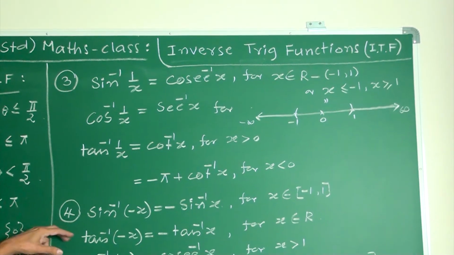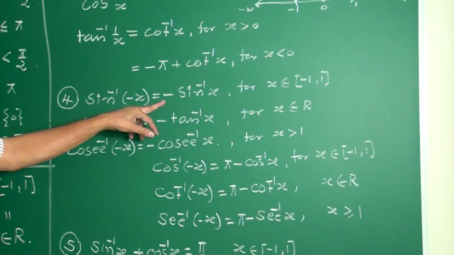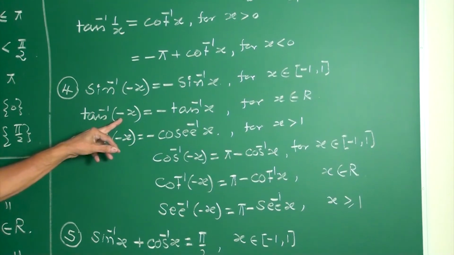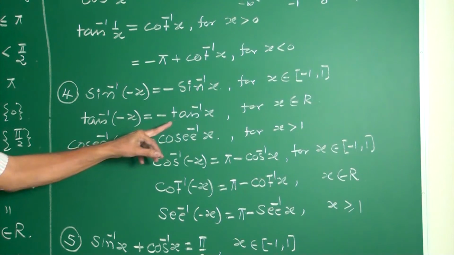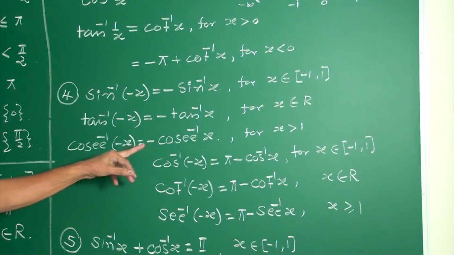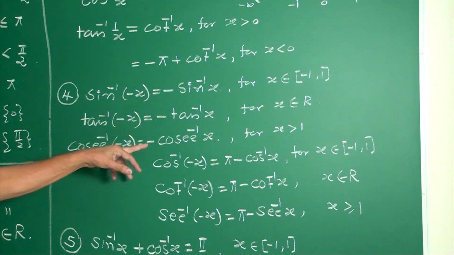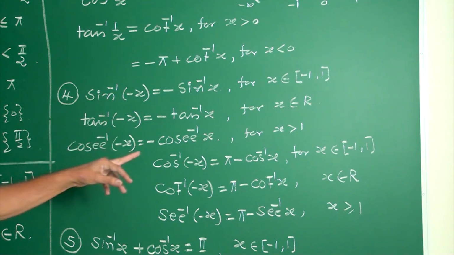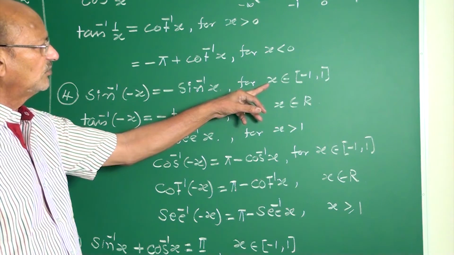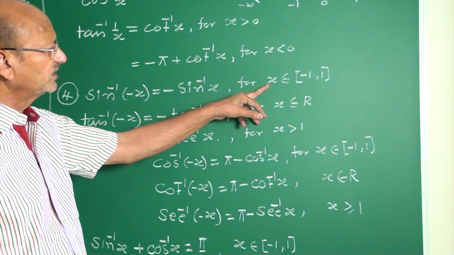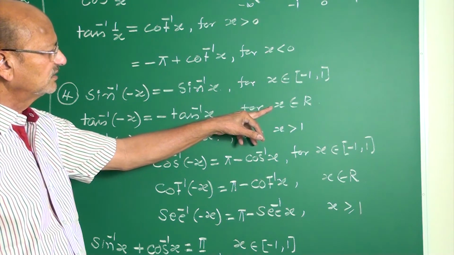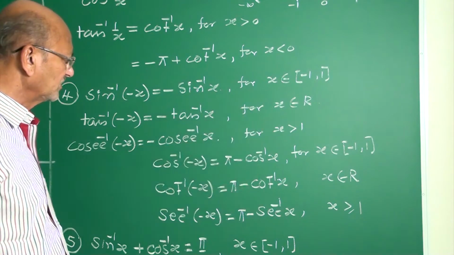Fourth, very useful. Sine inverse of minus x is minus sine inverse x. Tan inverse of minus x is minus tan inverse x. Cosec inverse of minus x is minus cosec inverse x. In these three cases, the minus sign comes directly outside. These are for x belonging to minus 1 to plus 1, x belonging to R, and x greater than 1.